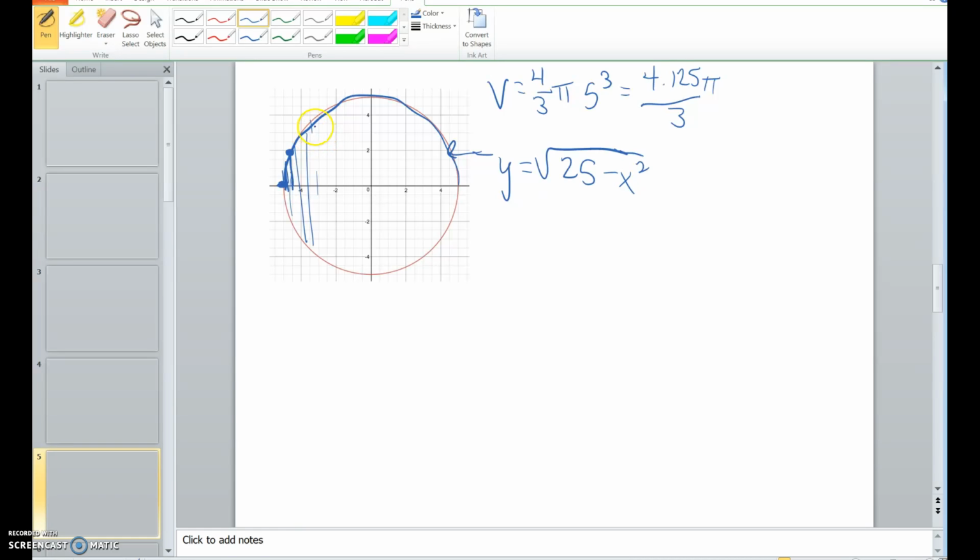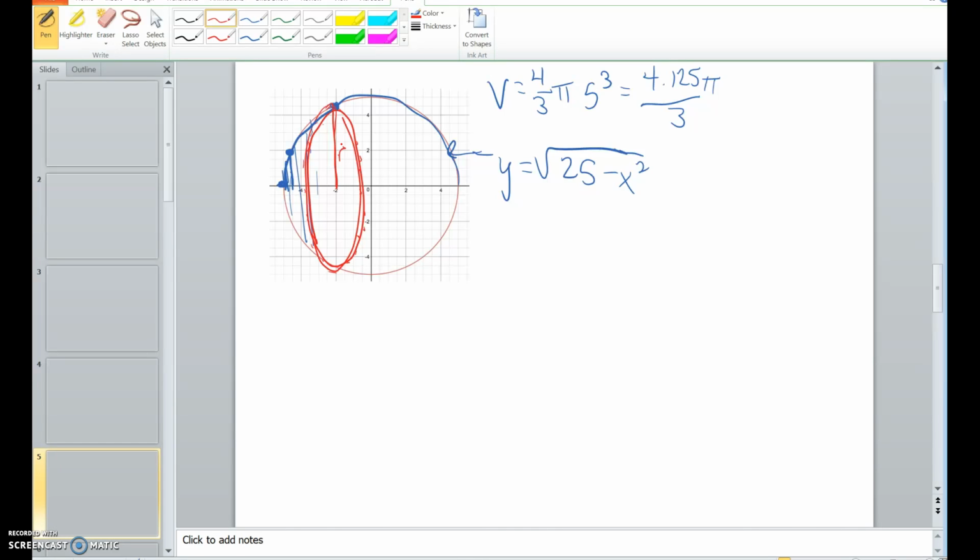So if you imagine the circular cross section that would be right here. You can't see it in 2D, but it would be something like this. The radius of that cross section is the distance from the axis up to the circle.